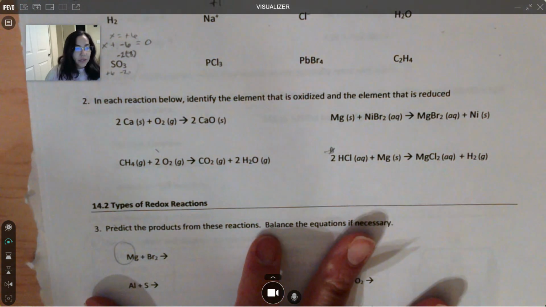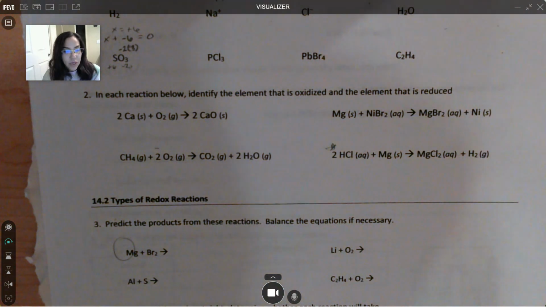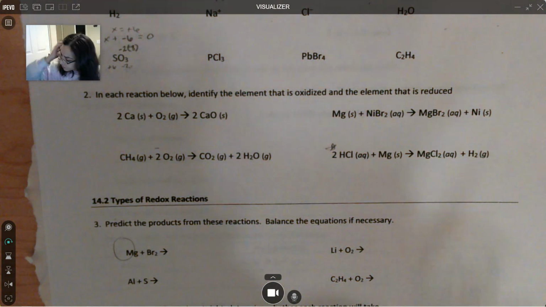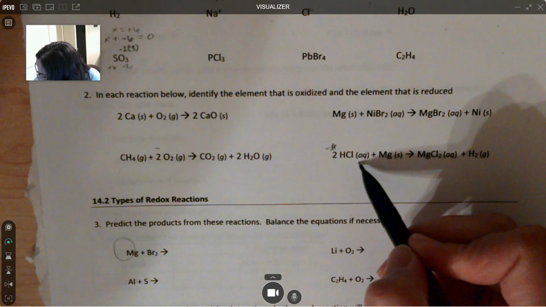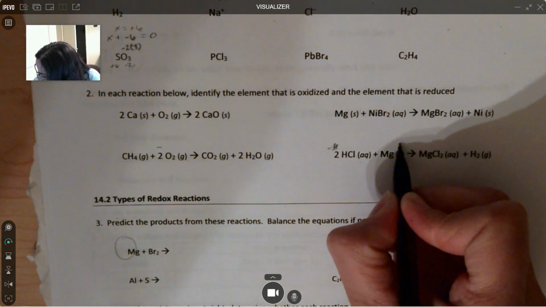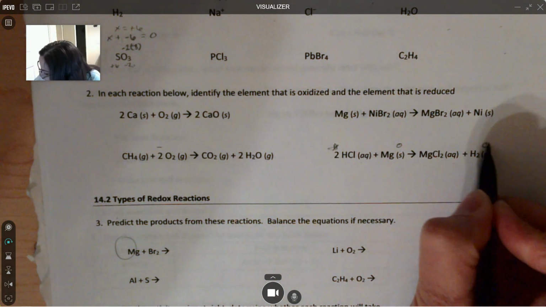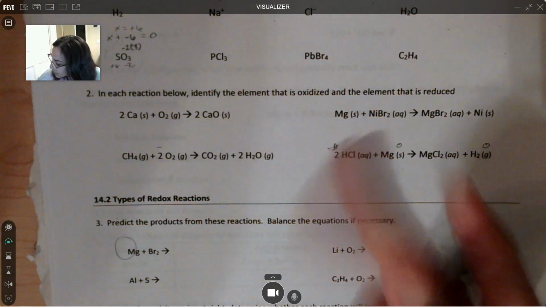Next one says in each reaction below, identify the element that is oxidized and the element that is reduced. I'm going to go ahead and work with the hydrochloric acid and magnesium one. So aqueous, solid, aqueous, gas. So this is going to be a 0, and our gas also gets a 0.